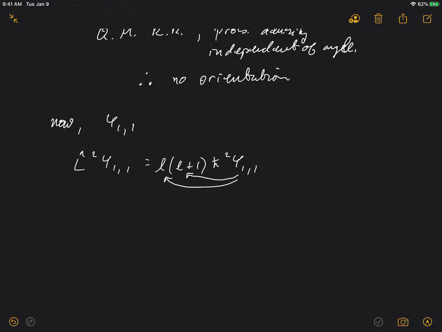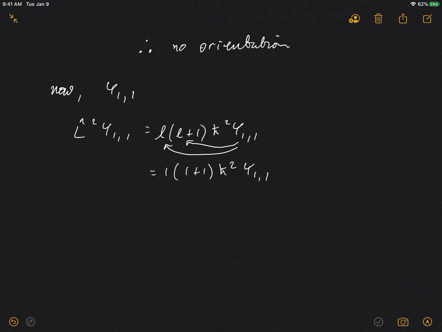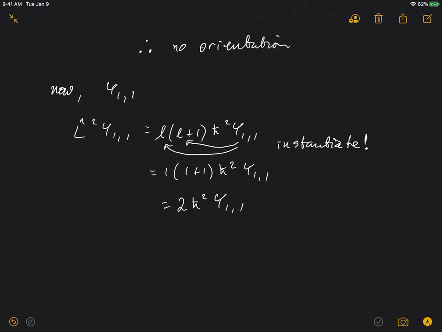You would have an incomplete, unfinished expression. So it's going to be equal to 1 times 1 plus 1, h bar squared, y11. Then of course we can simplify, that is then 2 h bar squared y11.